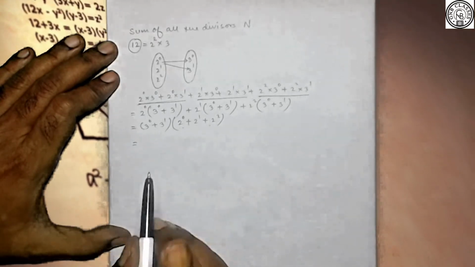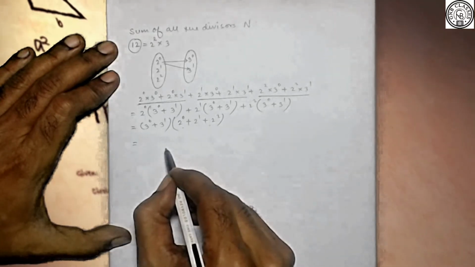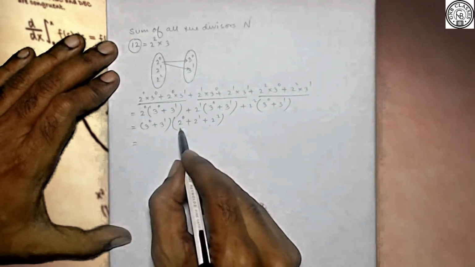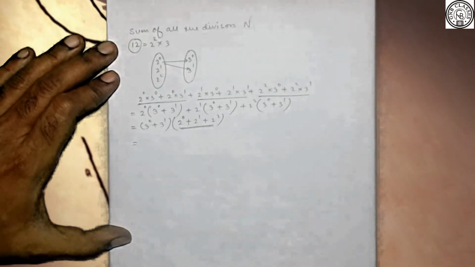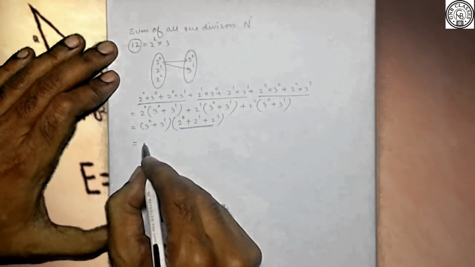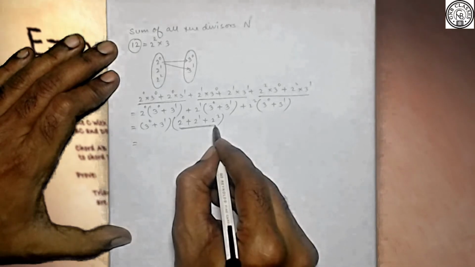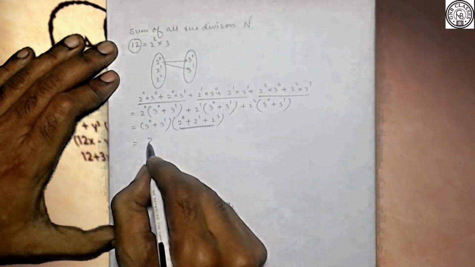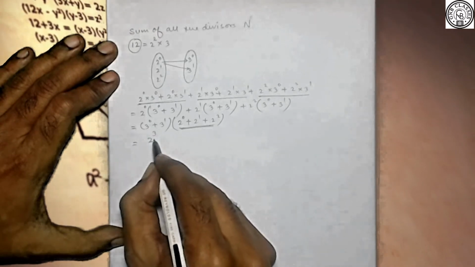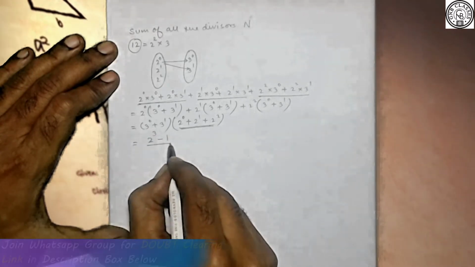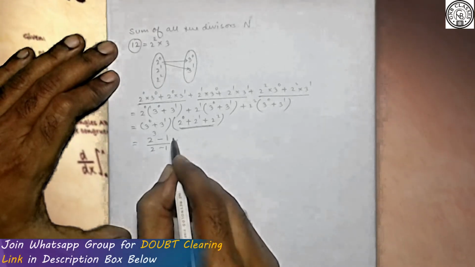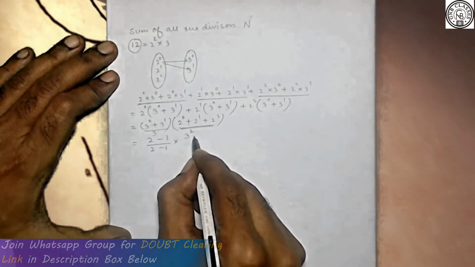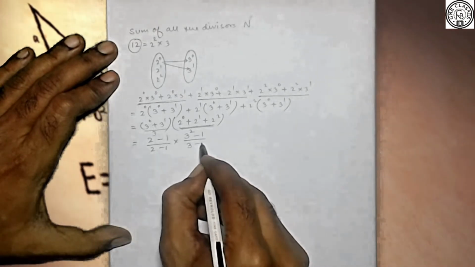Again, I'm telling you, my motto is not just to find the answer for this question. My motto is to establish a formula. So here I will apply my GP summation formula. What will you write? You will write the common ratio is 2 and the first term is 1. So the summation will be (2 to the power 3 minus 1) divided by (2 minus 1), into (3 to the power 2 minus 1) divided by (3 minus 1).